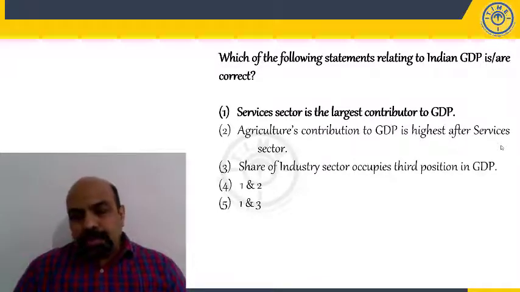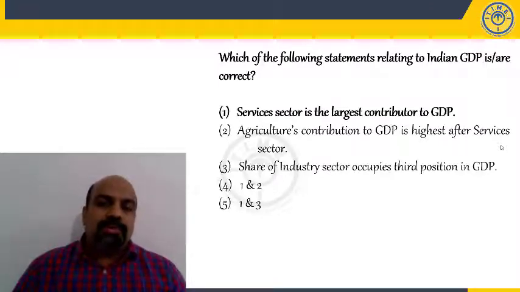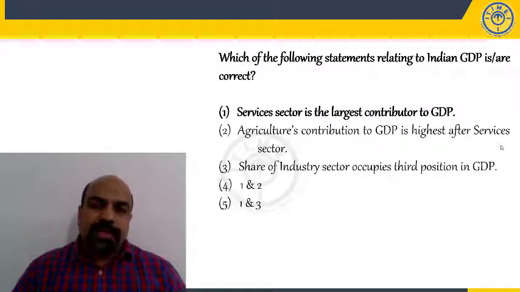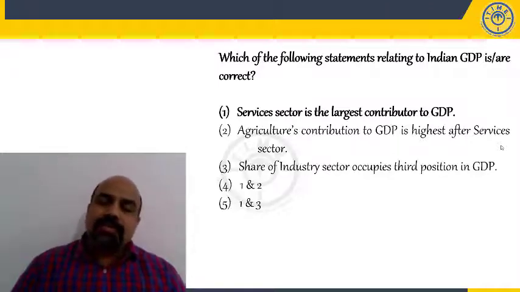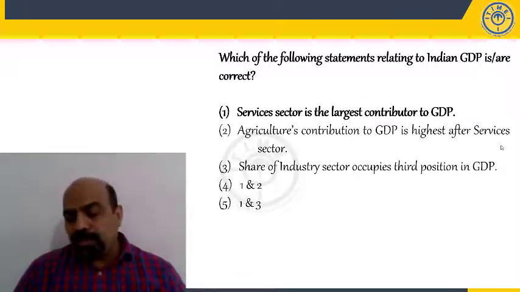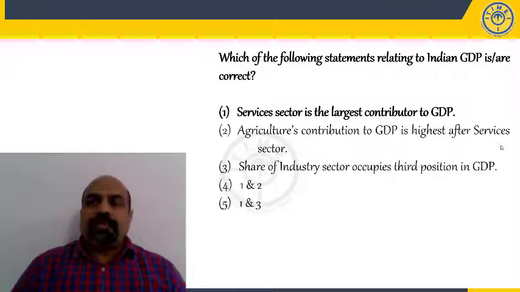April to September 2019. Shares of three sectors in Indian GDP, April to September 2019. Underline that.